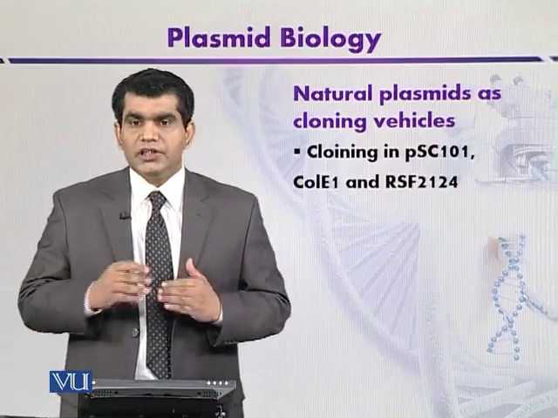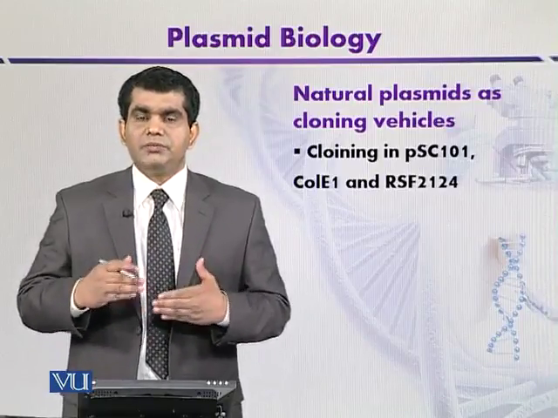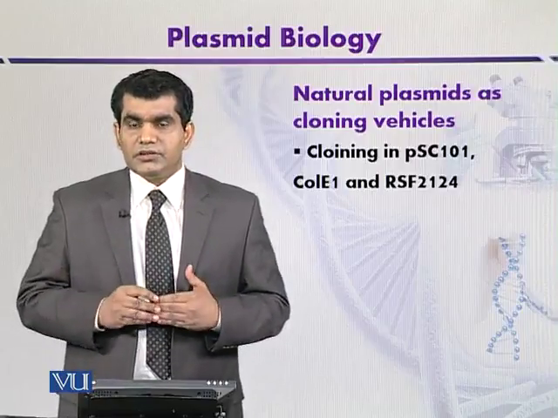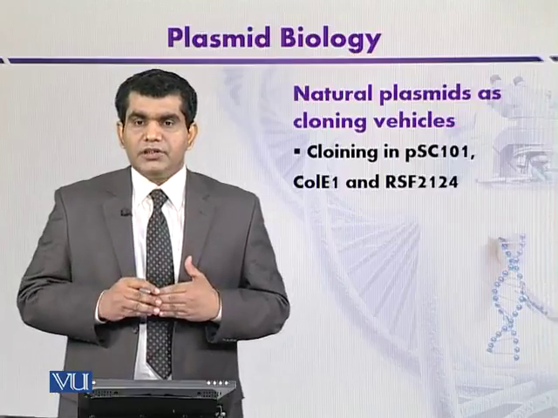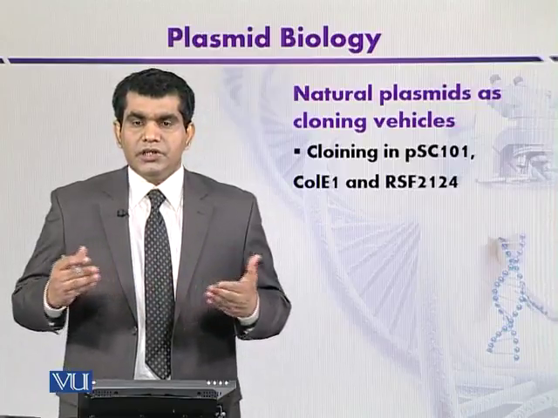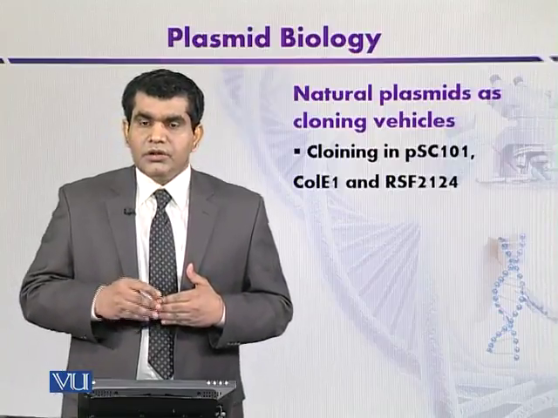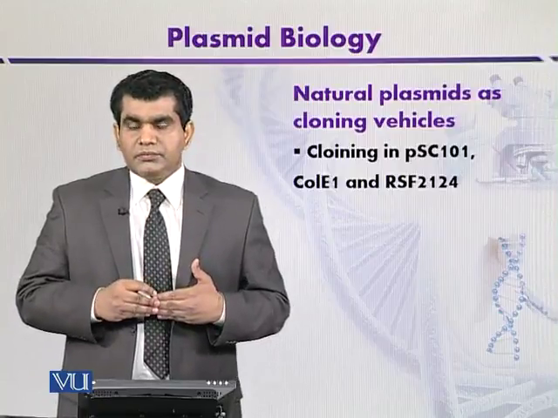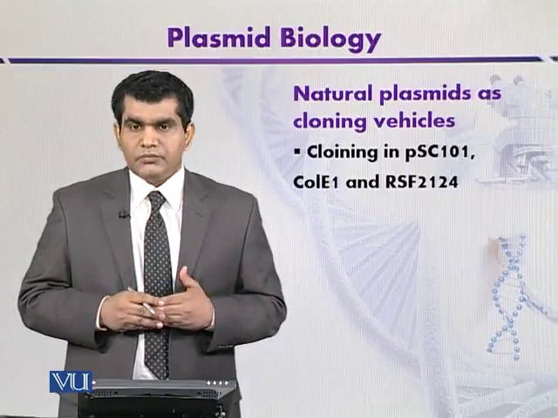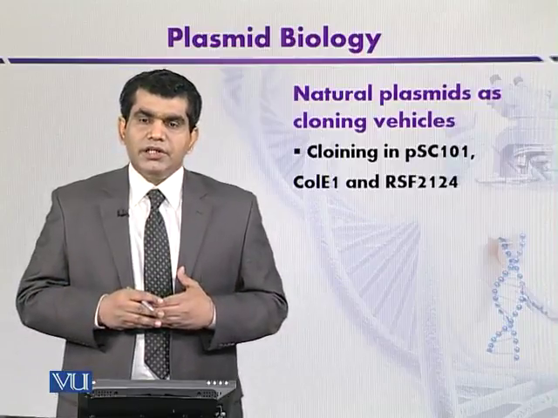If foreign DNA is inserted here, then the expression of this gene is inactivated, so the cell becomes sensitive to colicin E1. That will indicate the foreign DNA is inserted. Then the transformants are selected on the basis of the other trait, that is immunity to colicin E1. Again, here is a problem: to screen transformants on the basis of immunity is not so simple. So for this purpose, its derivative RSF2124 is best suited.